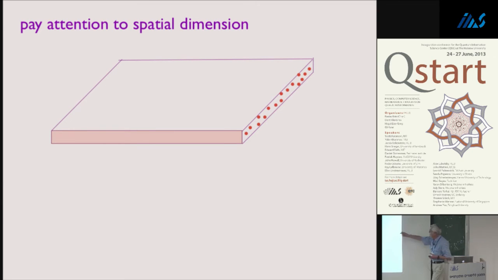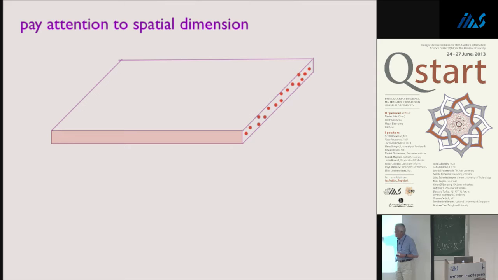Now, if this dimension is sufficiently small, the modes which are excited thermally are basically two-dimensional modes, photons that travel this way, not photons that have a wave vector in this direction, because they cost a lot of energy. So if the temperature is not extremely high, you have only two-dimensional modes.